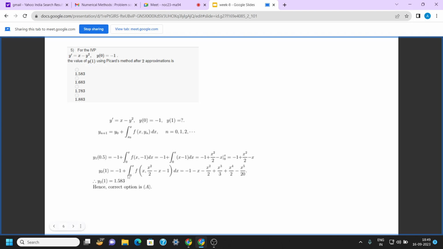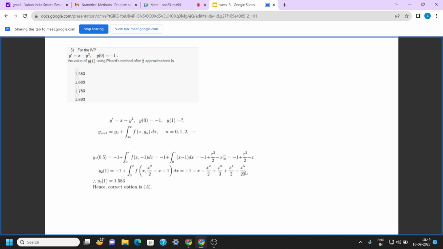Okay, so once you have got this y2, I hope everyone is getting it. So at the place of x, substitute 1.